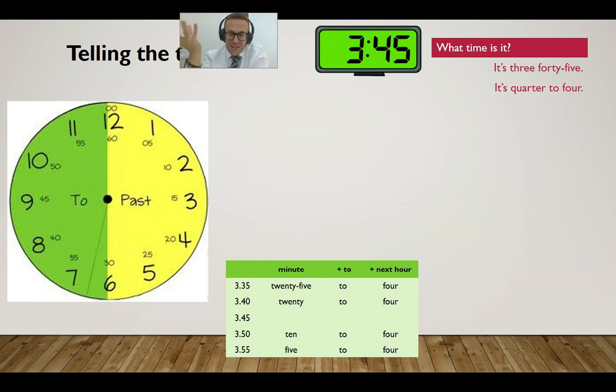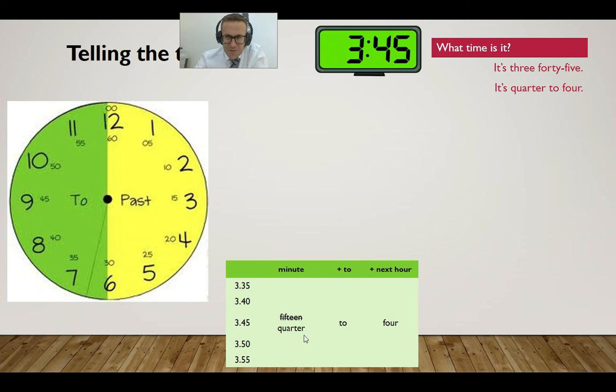So that's where it comes from, 25 to 4. 20 to 4, 10 to 4, 5 to 4. And then there's one complicated one: not 15 to 4, but quarter to 4. And that's what I asked at the start of the class, on the slide up here. 3:45 is quarter to 4. So now you know where that comes from.